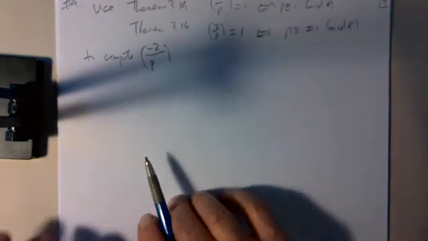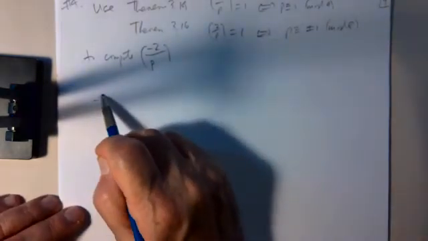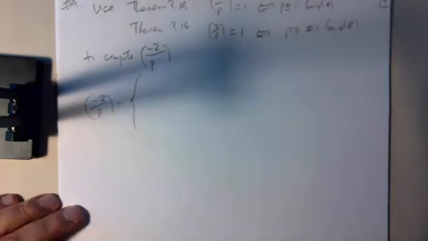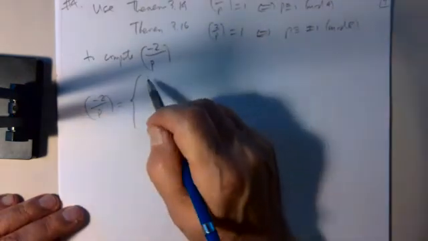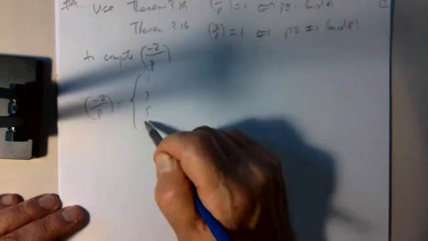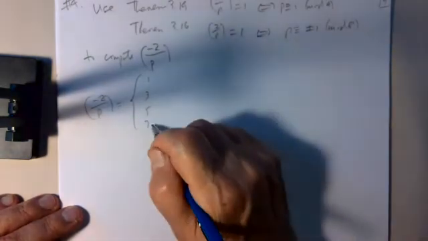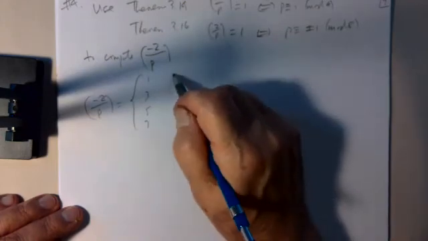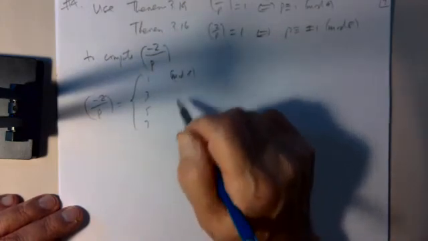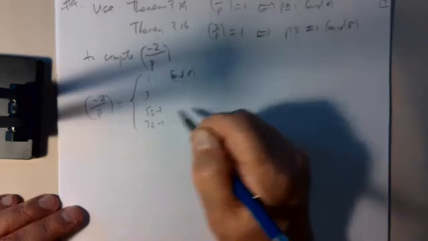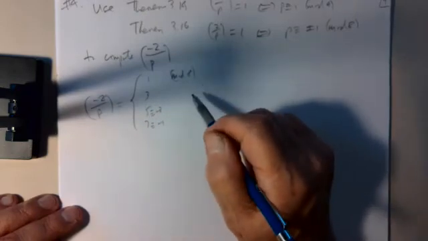So how do we calculate the Legendre symbol -2 over p? Well, mod 8, every prime is either 1, 3, 5, or 7. 5 is the same as -3, and 7 is the same as -1, right?